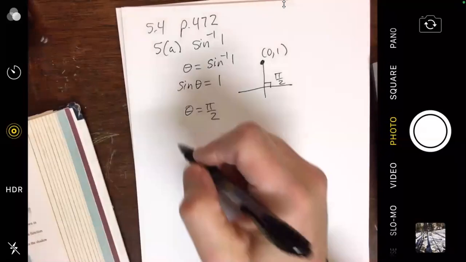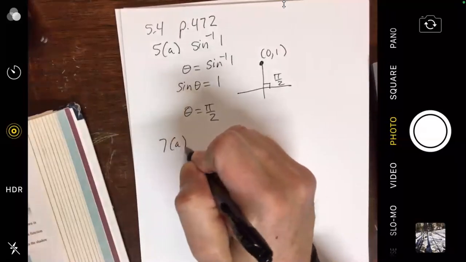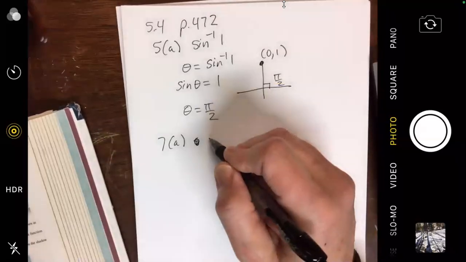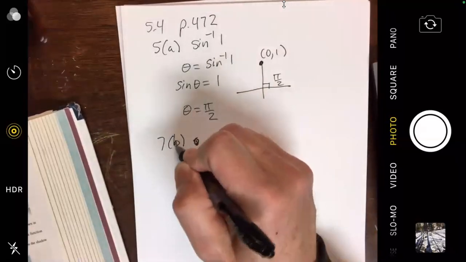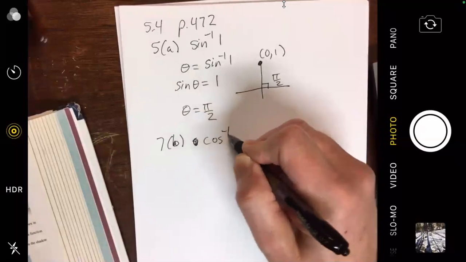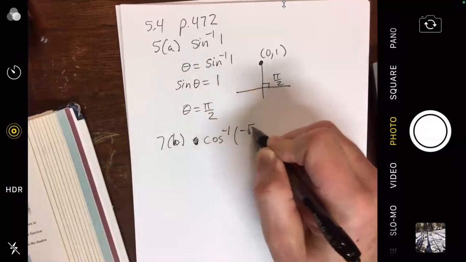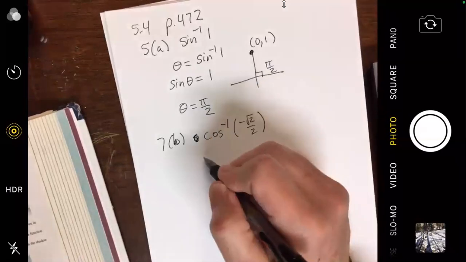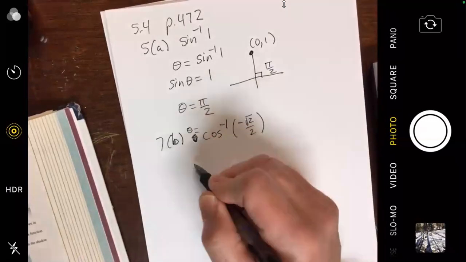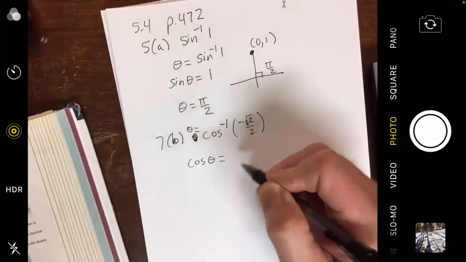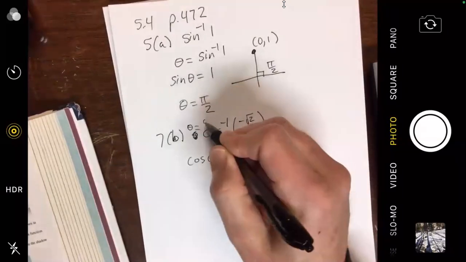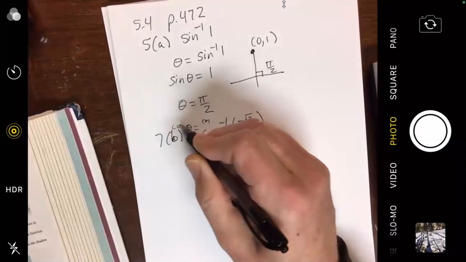All right, why don't we try 7b, an arc cosine of negative root 2 over 2. Again, this is cosine of theta equals negative root 2 over 2, because your cosine here undoes cosine here.